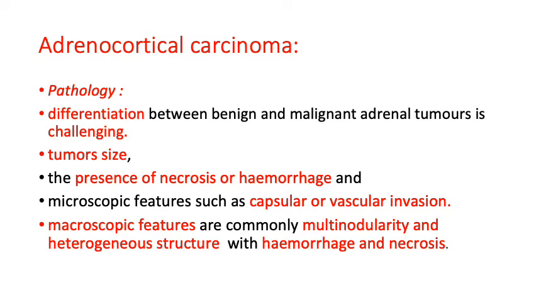Regarding the microscopic features, such as capsular or vascular invasion, this will be an indication for the presence of malignancy. The macroscopic features are commonly multinodularity and heterogeneous structures with hemorrhage and necrosis. This might indicate the presence of malignancy.